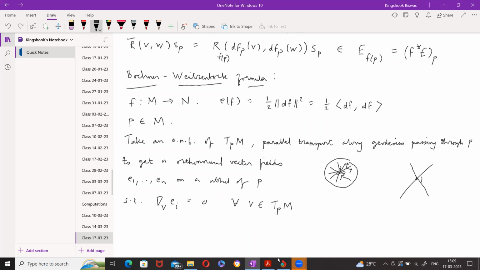If I take a vector, say e_1, given by parallel transport along this geodesic, and this direction is v, the covariant derivative of e_1 in the direction of v will be 0, because it's given by parallel transport in this direction.